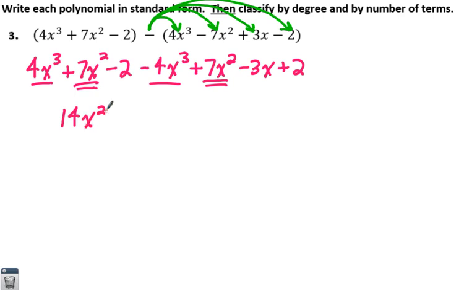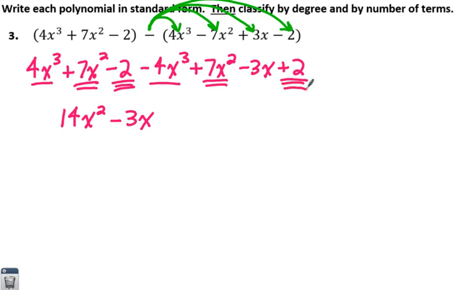And again, this is standard form we want, so I want to look at this next to go in descending order by degree. So the minus 3x, I don't think there's anything that's going to combine with that. And then we have this minus 2 and this plus 2, which make 0.